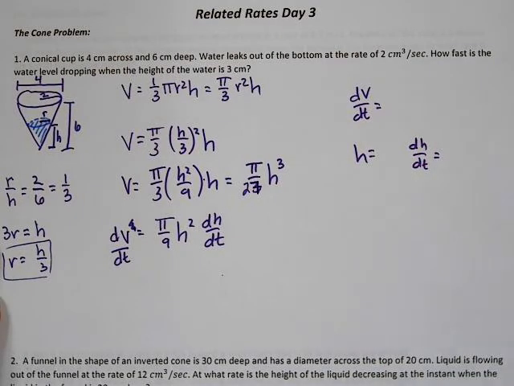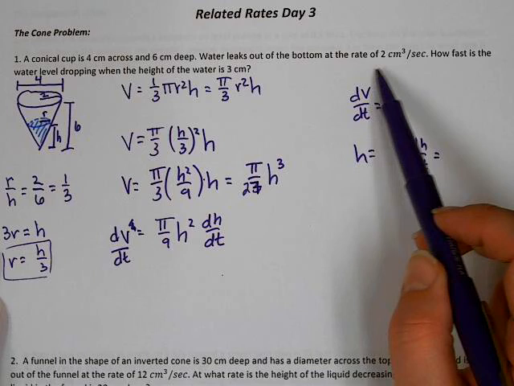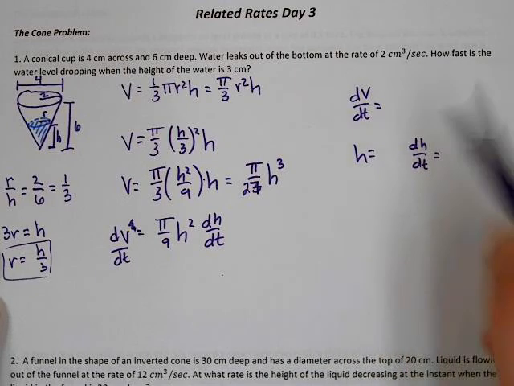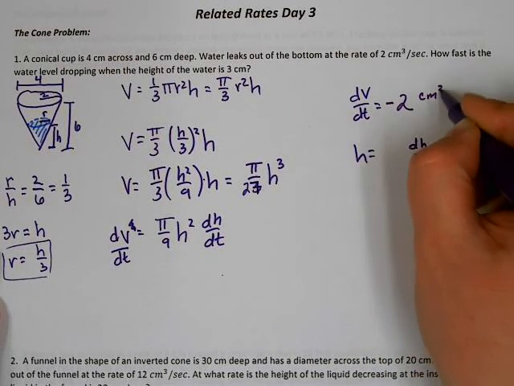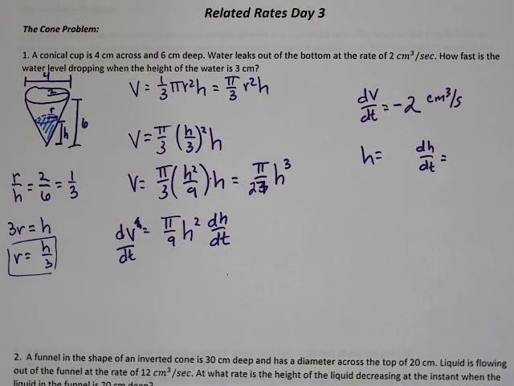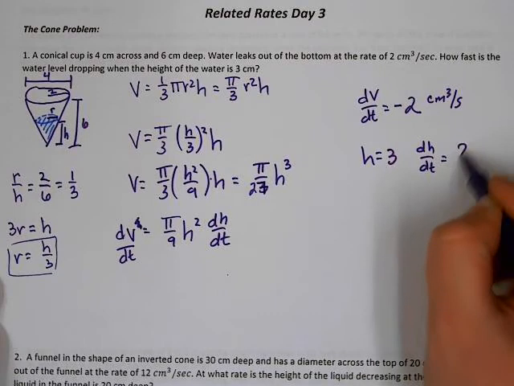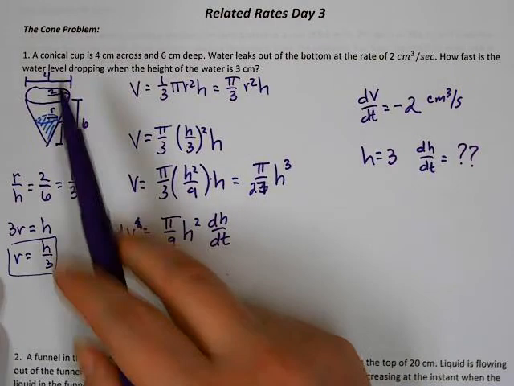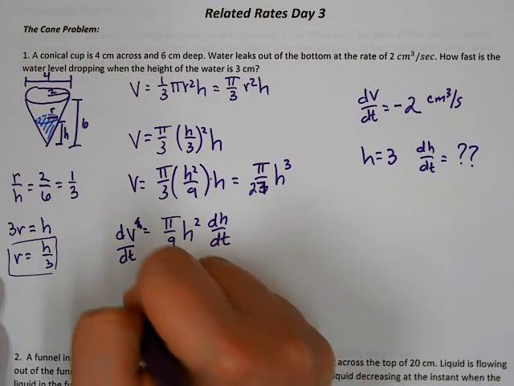We were told that the water is leaking out of the bottom at a rate of 2 centimeters cubed per second. Well, because it's leaking out, that's going to be a negative 2 centimeters cubed per second. And then we were told that the height of the water is 3 centimeters. And we're looking for how fast the water level is dropping, so we're looking for dH dt. So we're just going to go ahead and substitute.